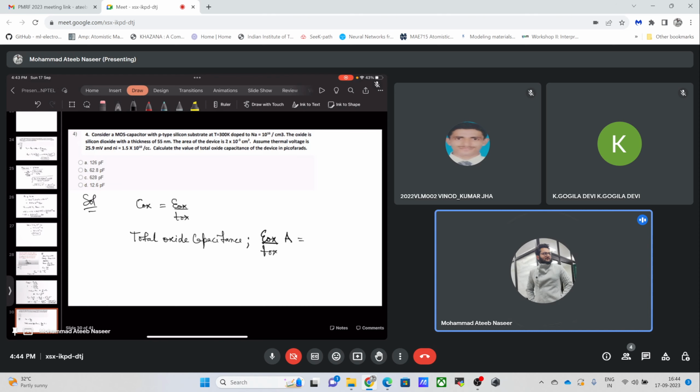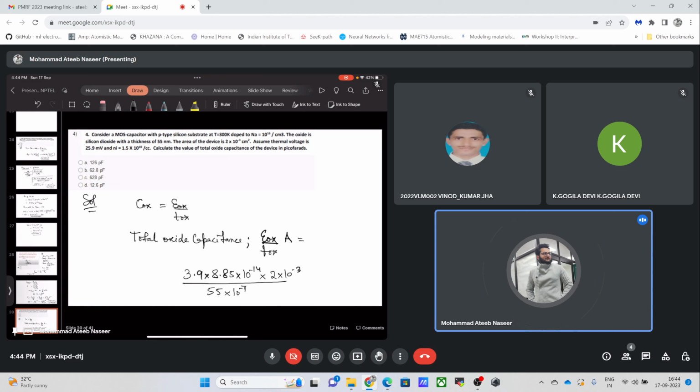So epsilon ox is 3.9 into 8.85 into 10 raised to the power minus 14, into area, which is 2 into 10 raised to the power minus 3, divided by T ox. T ox is 55 nanometer, 55 into 10 raised to the power minus 9 meter, or 10 raised to the power minus 7 centimeter.